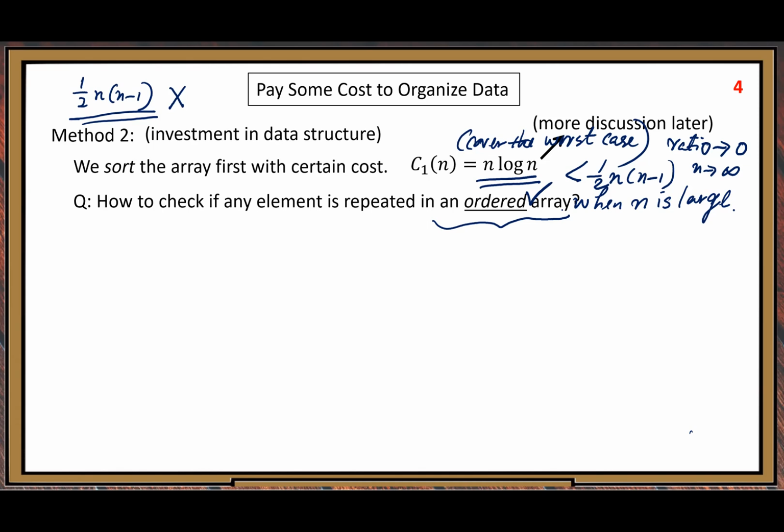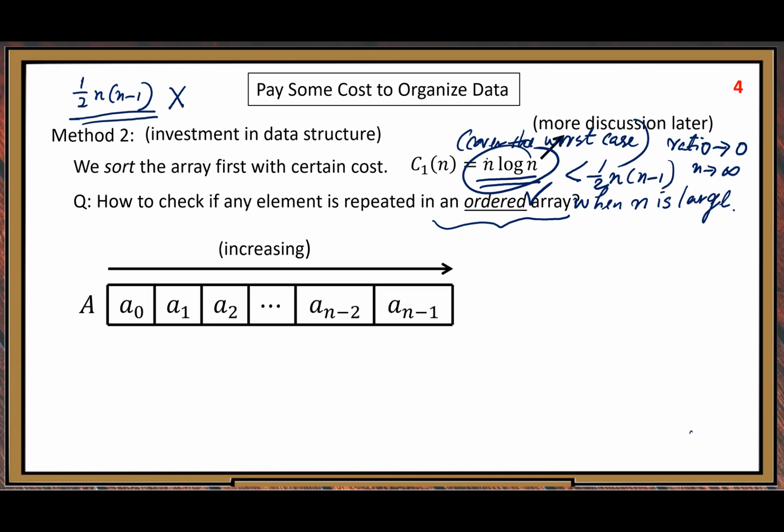In an ordered array this time, because we pay a lot of cost, n log n, and we cannot say n log n is cheap, we expect to get something pretty big as a reward.